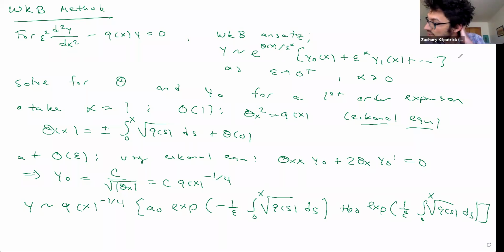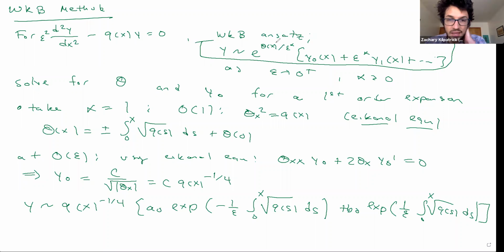You need this special ansatz in order to get this, because in particular, it's this function theta of x, which is an integral over your functional coefficient of the lowest order term here. And this would not come about by using just regular perturbation expansion type methods.